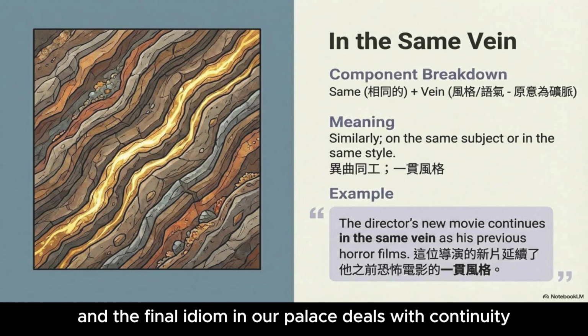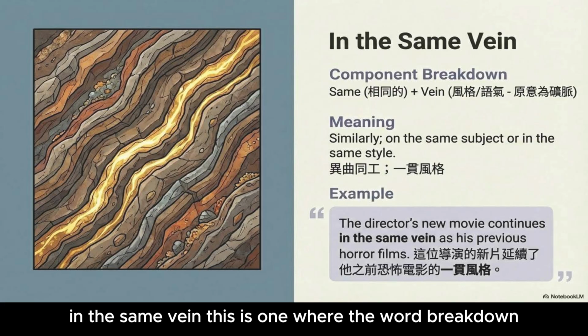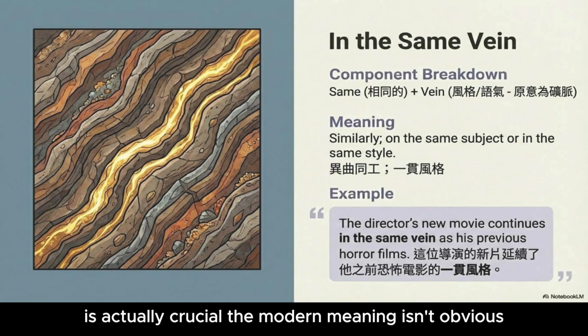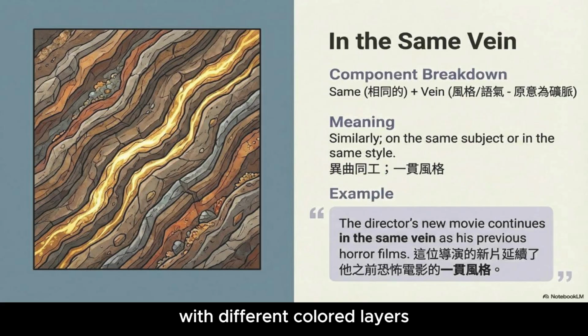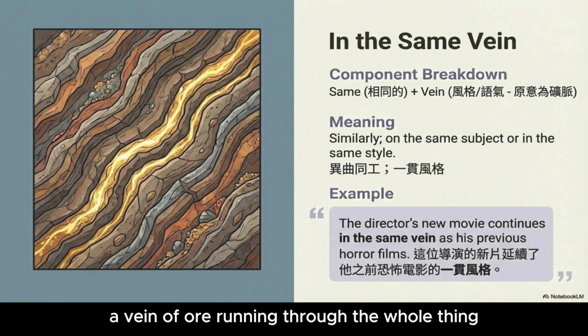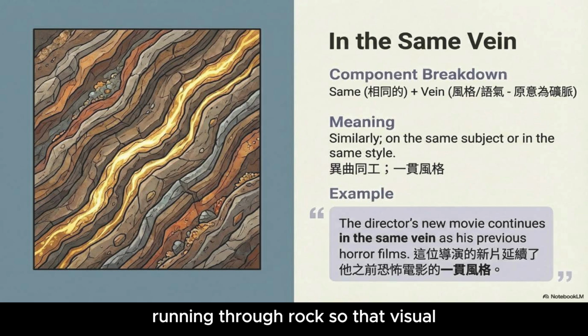And the final idiom in our palace deals with continuity, idiom 9, in the same vein. This is one where the word breakdown is actually crucial. The modern meaning isn't obvious. The source visual is a cross-section of rock with different colored layers, but there's a glowing golden streak, a vein of ore running through the whole thing. Exactly. The original meaning of vein was a continuous streak of a mineral running through rock.